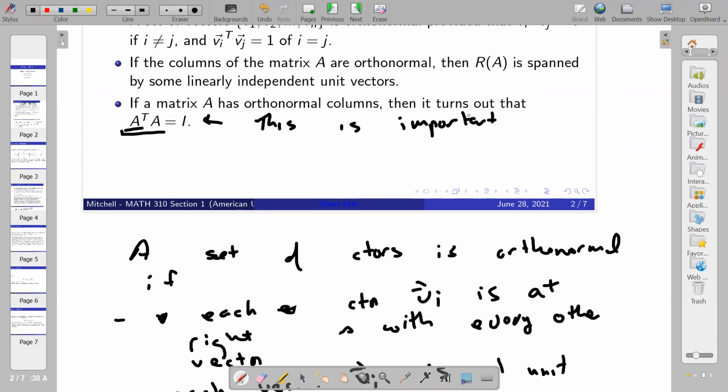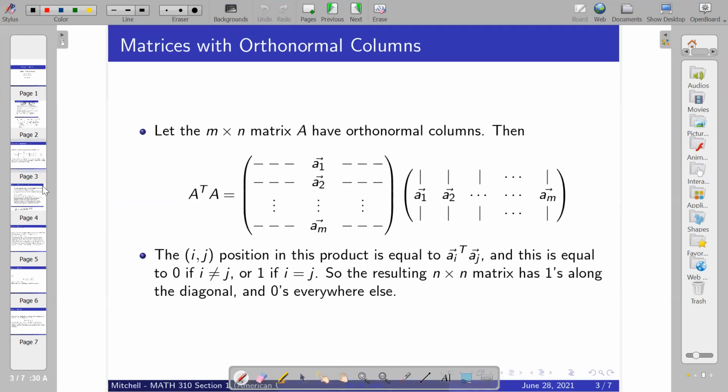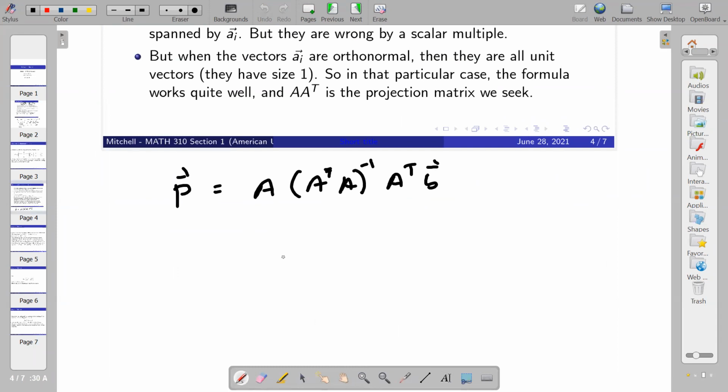And it's important because the normal equations involve this weird combination of matrices, this big product of matrices, which is supposed to be doing the projecting.